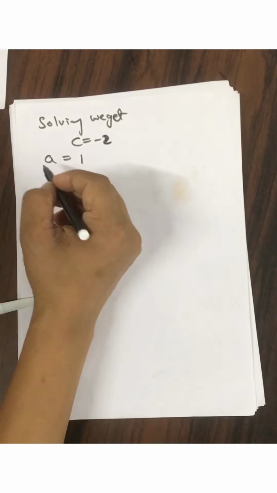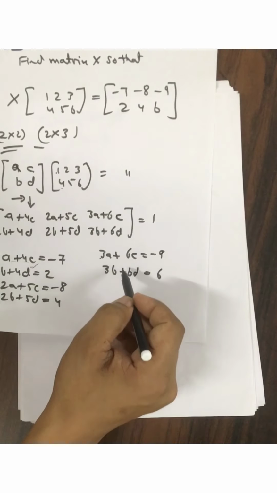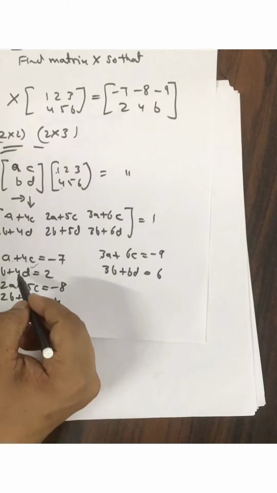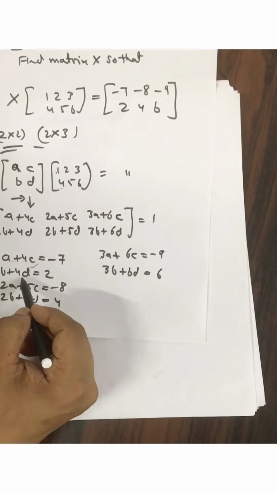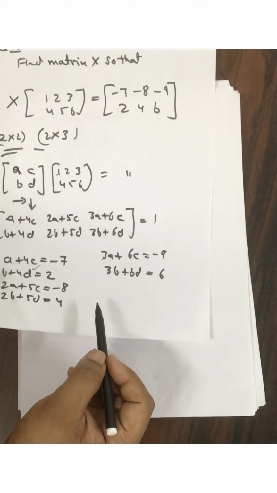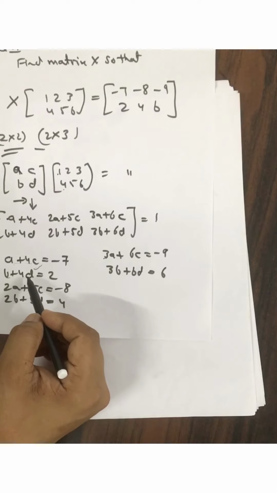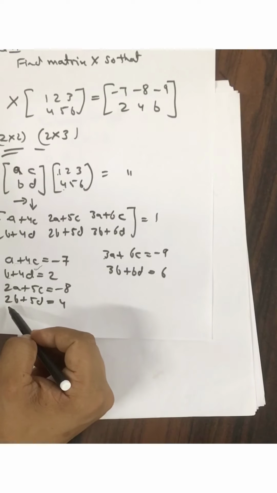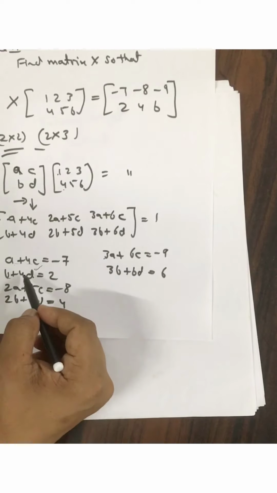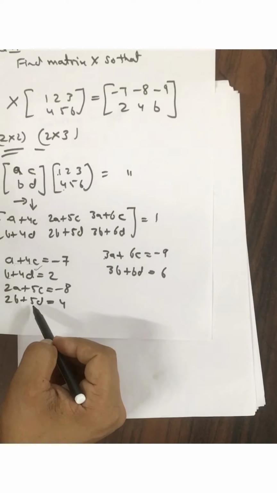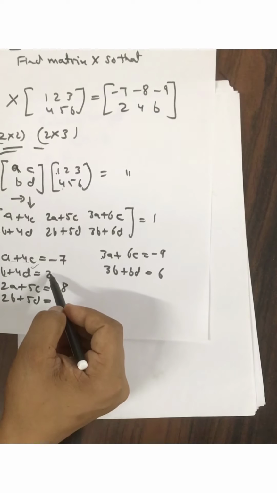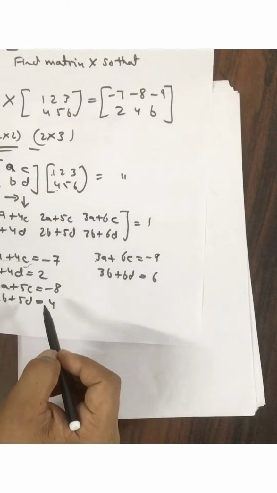A is 1. Now we'll put in which equation? You can put in any equation. Over here, C is done, A. Similarly, you can solve for B. Wait. See, this is B and 4D, and this is 2B. So you can multiply by 2. This will be 8D. 8 minus 5 will be 3D, and this will be 2, 4. 4 minus 4.